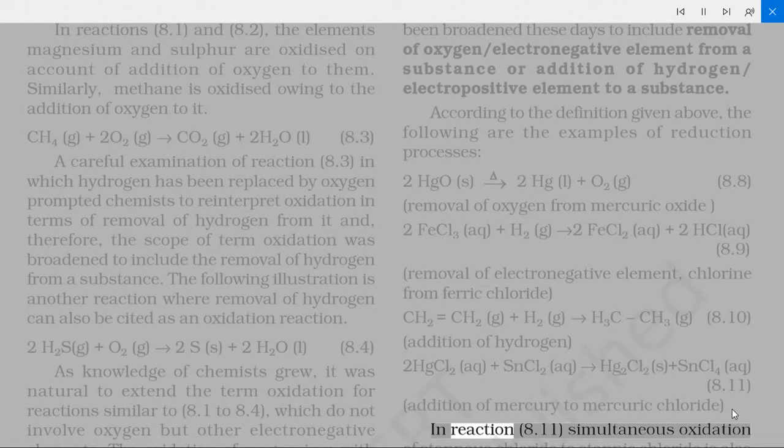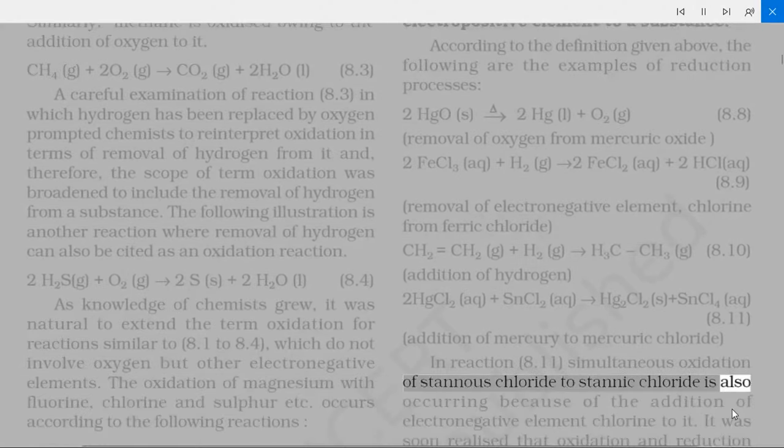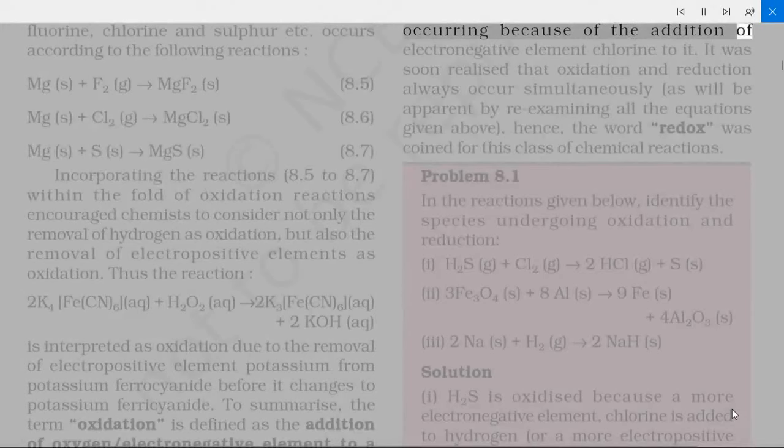In reaction 8.11, simultaneous oxidation of stannous chloride to stannic chloride is also occurring because of the addition of electronegative element chlorine to it.